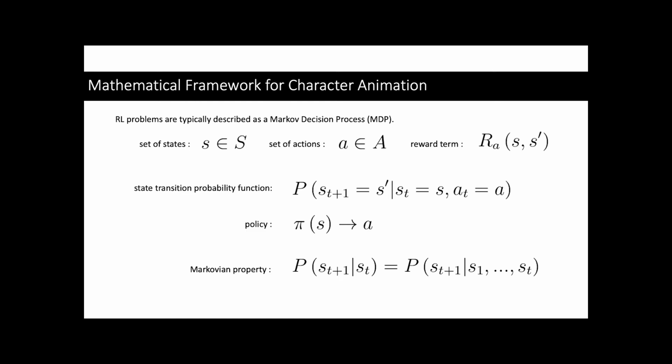The Markovian property essentially states that the future of the environment only needs to depend on the present, not the past. That is to say that to determine the next state, all the information needed would be in the current state, and the only other variable you'd need is the action.